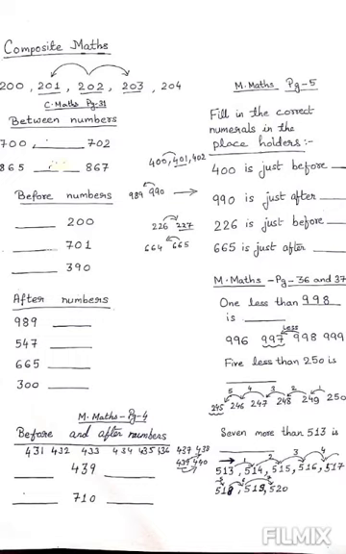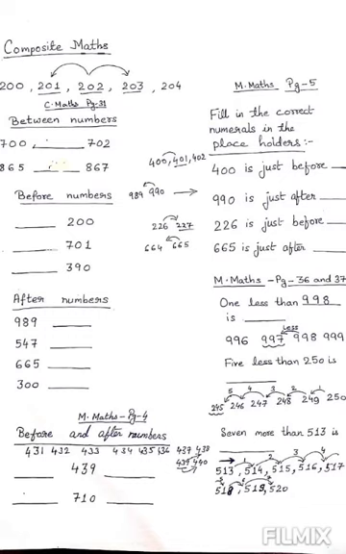What will be the number before 701? Yes, it will be 700. What will be the number before 390? The number will be 389. You can solve it in the form of subtraction also, but since we have not learnt subtraction, we can simply do backward counting. Okay?